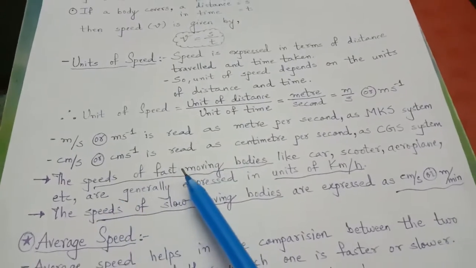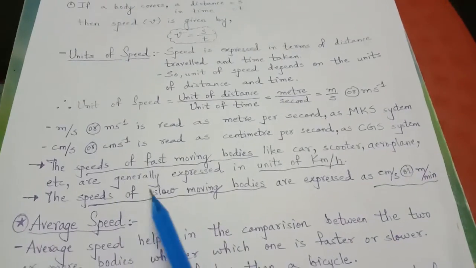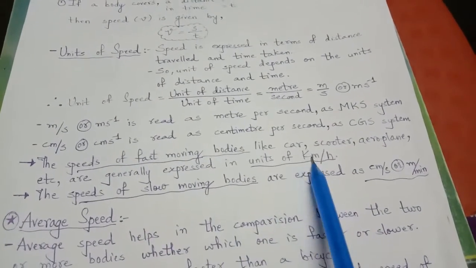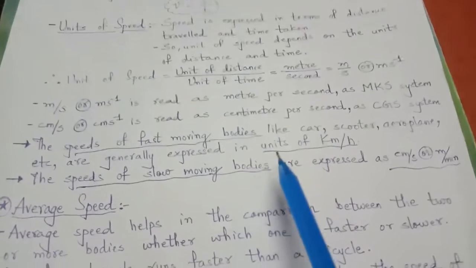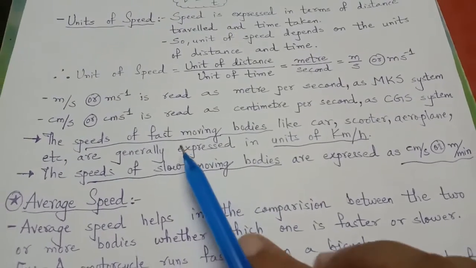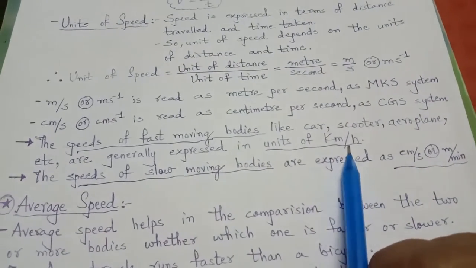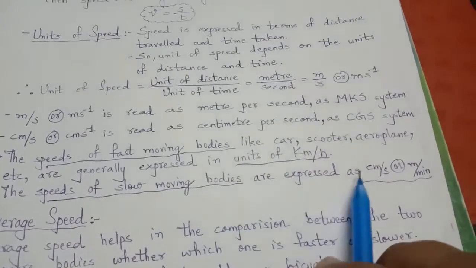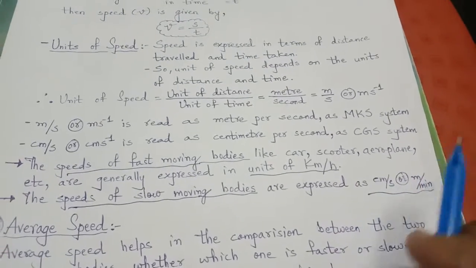The speeds of fast moving bodies like car, scooter, aeroplane are generally expressed in the unit kilometer per hour. We normally know that the unit for fast moving bodies is always given as kilometer per hour, and for slow moving bodies it is given as centimeter per second or sometimes meter per minute.